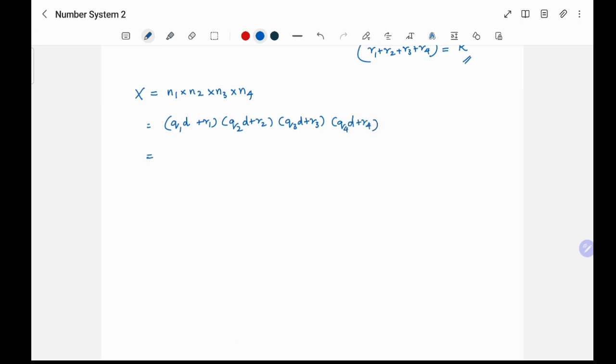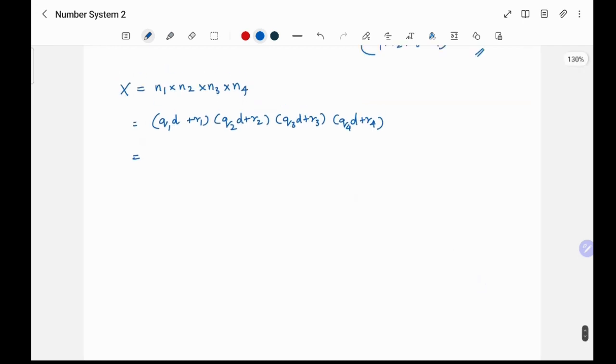Now we will group all terms which are divisible by d and which are not. You can see this q1d, with whatever number it is multiplied, will be divisible by d.